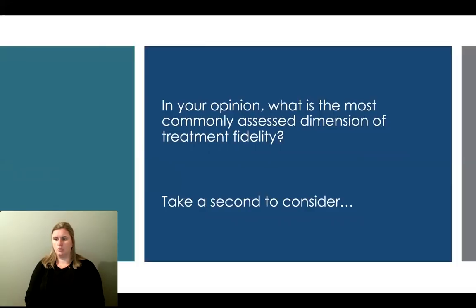And the answer is treatment adherence. Most treatment fidelity assessment focuses on what steps were implemented correctly, or the extent to which steps were implemented.